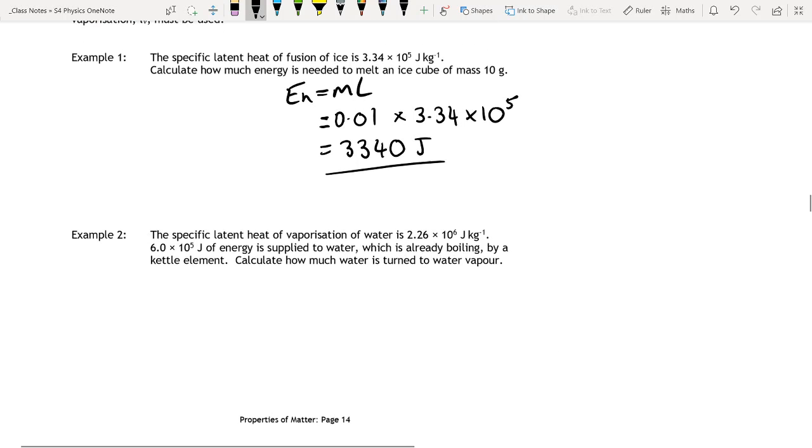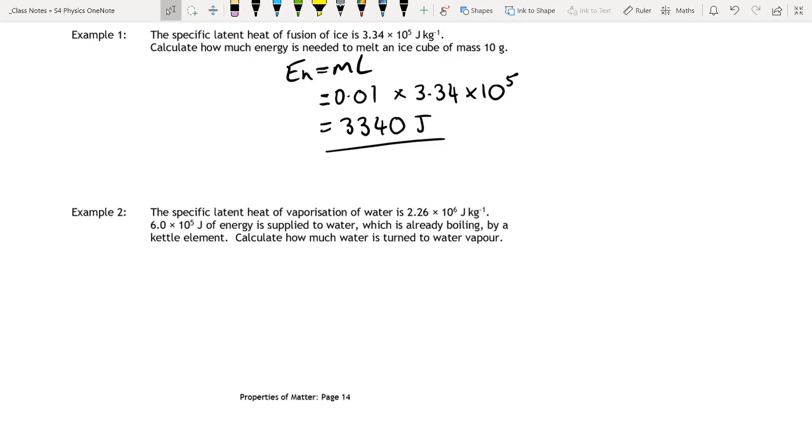And example 2. The specific latent heat of vaporization of water is 2.26 times 10 to the 6 joules per kilogram. So L, and I'm going to put V for vaporization, is 2.26 times 10 to the 6 joules per kilogram. 6 times 10 to the 5 joules of energy are supplied to the water.